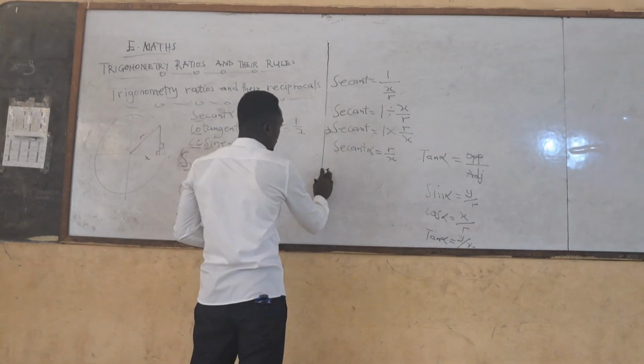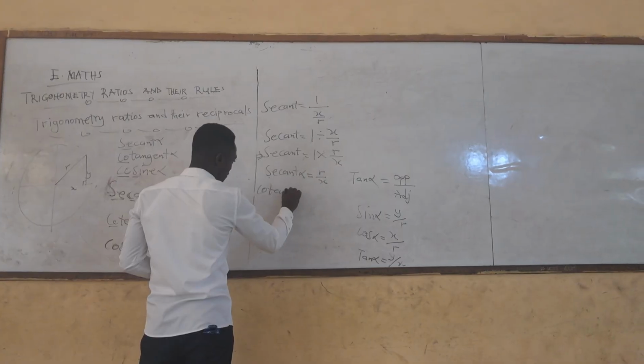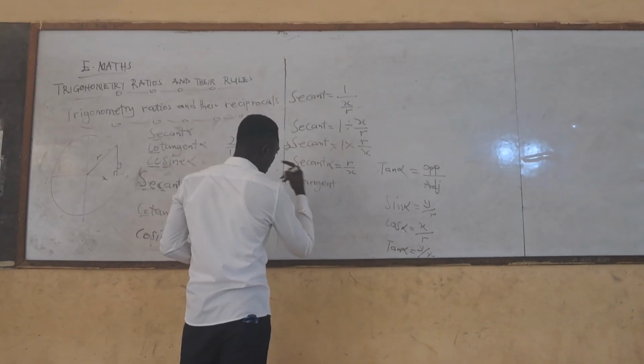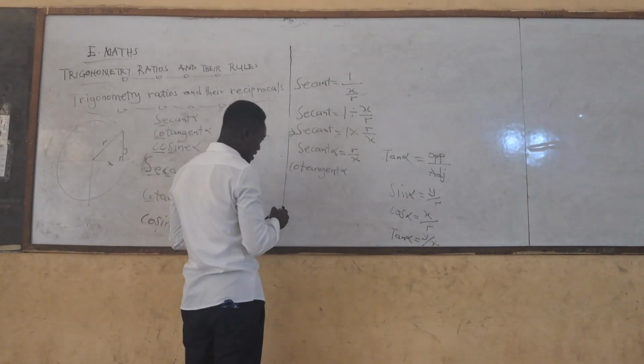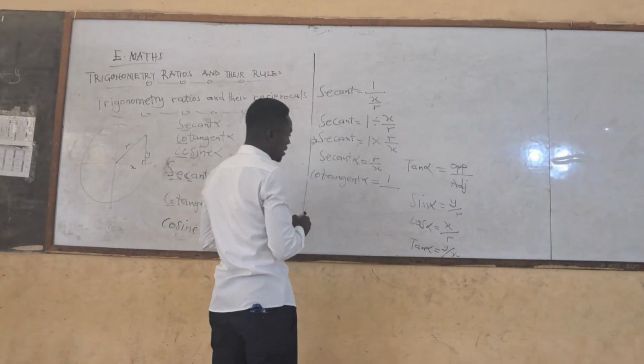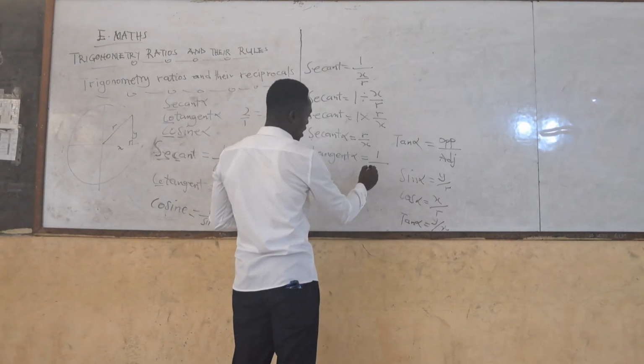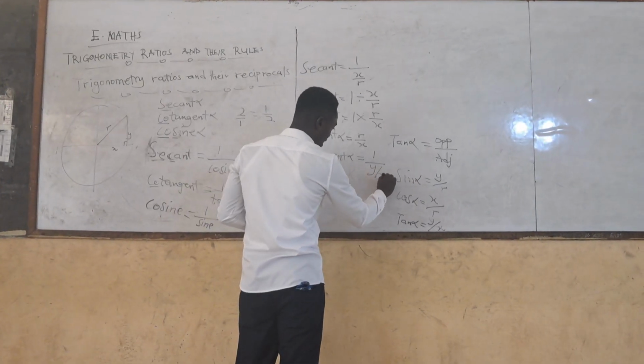Now let's consider cotangent alpha. Cotangent alpha is the reciprocal of what? Tan. So tan is y on x.